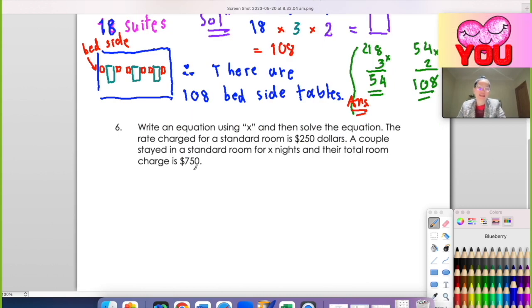Grace, read number 6. Write an equation using x and then solve the equation. The rate charged for a standard room is $250, and a couple stayed in a standard room for x nights, and their room charge is $750.